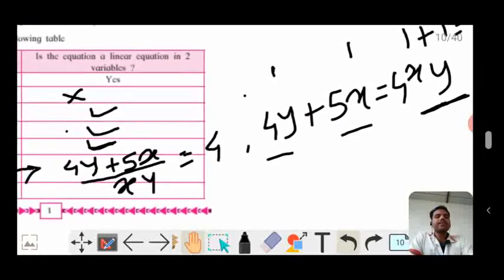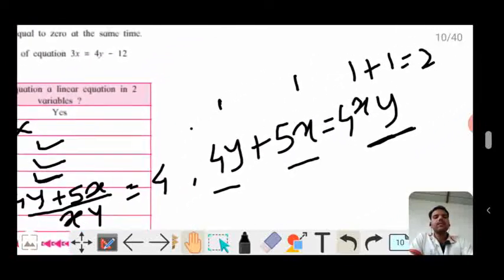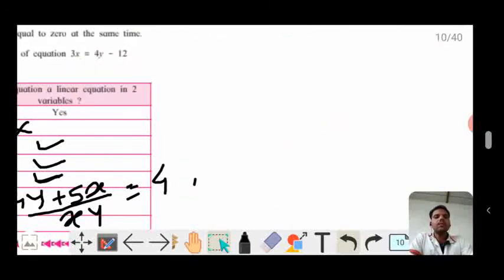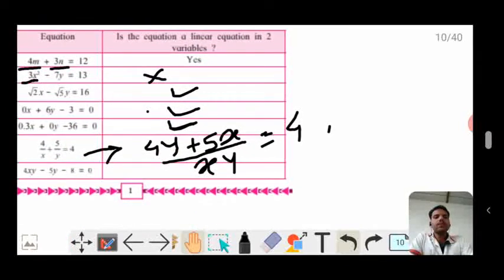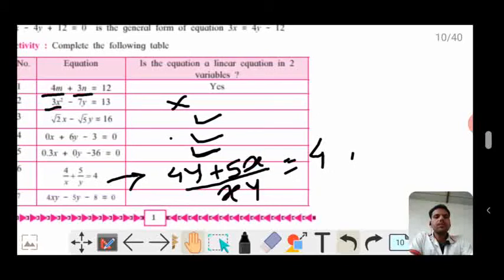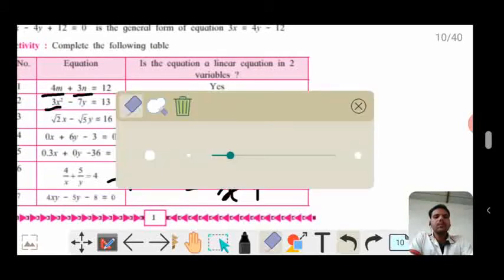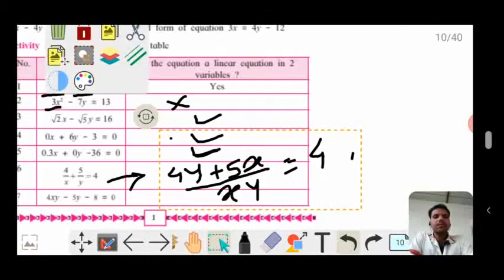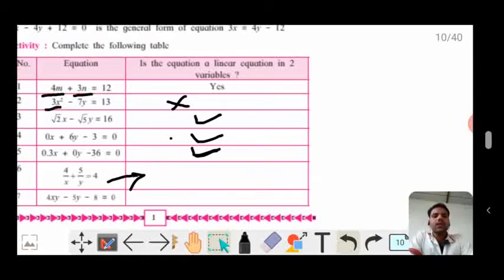Okay, so this is not a linear equation in two variables, and this is also not.